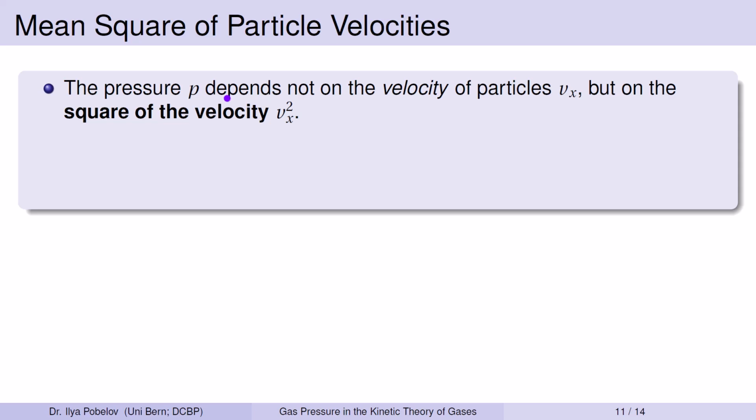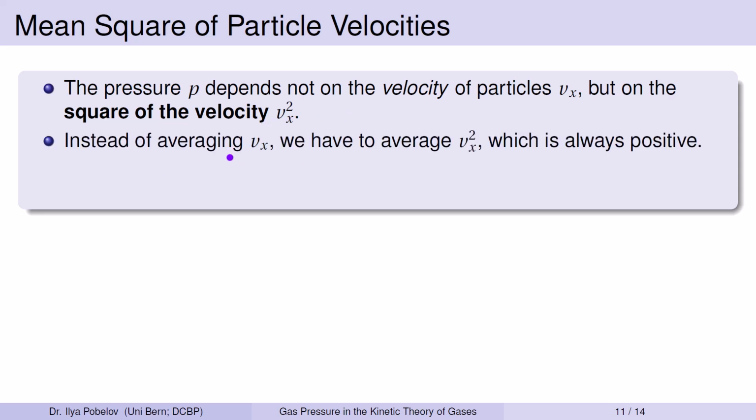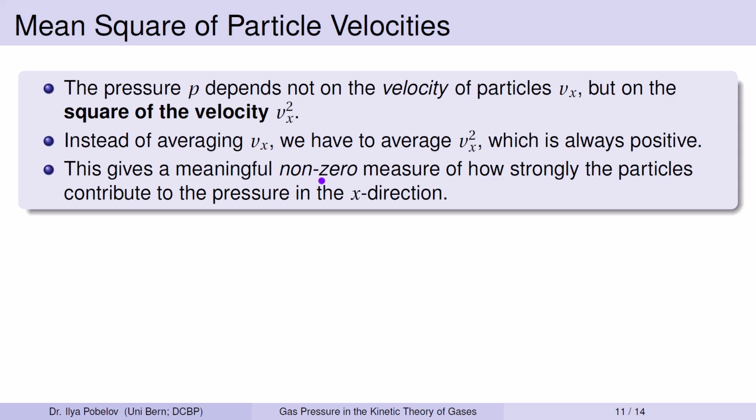However, the pressure depends not just on the velocity of particles, but on the square of the velocity. This is an important distinction. Instead of averaging Vx, we have to average Vx squared, which is always positive. This gives us a meaningful non-zero measure of how strongly the particles contribute to the pressure in the x direction.